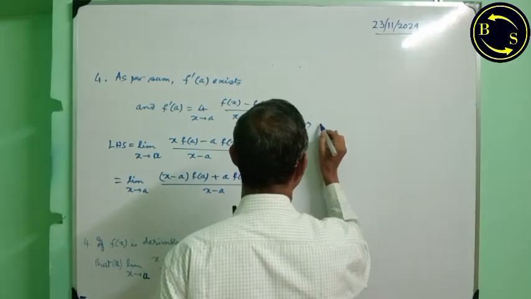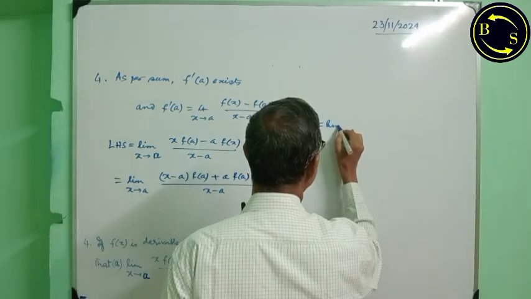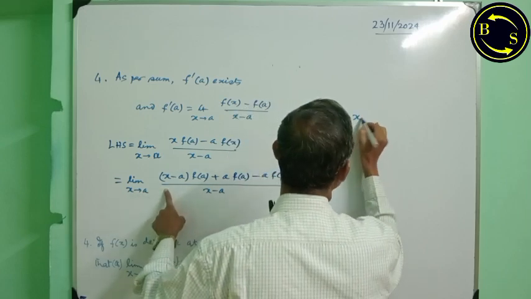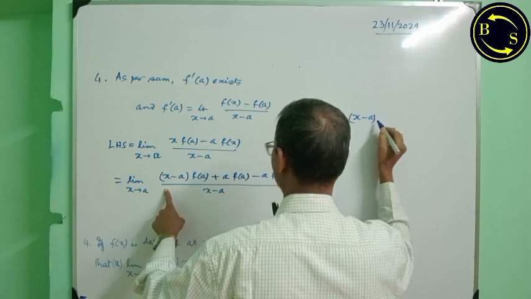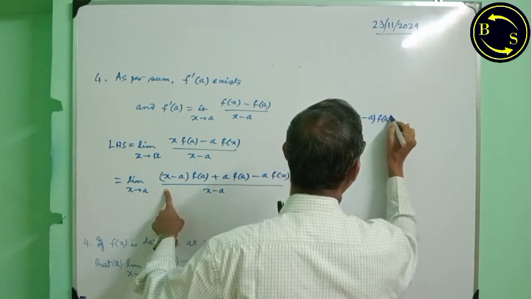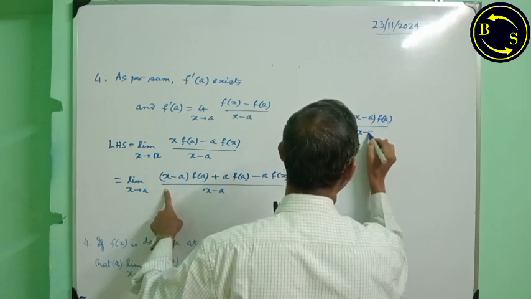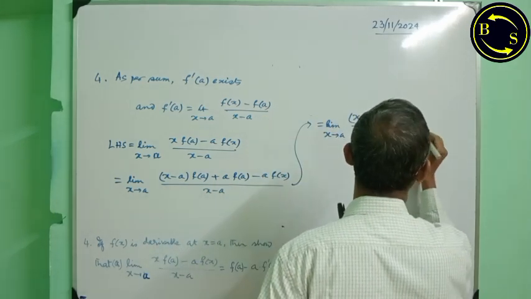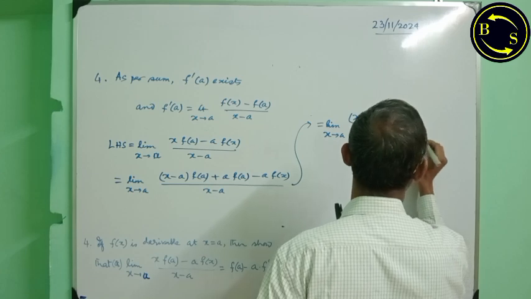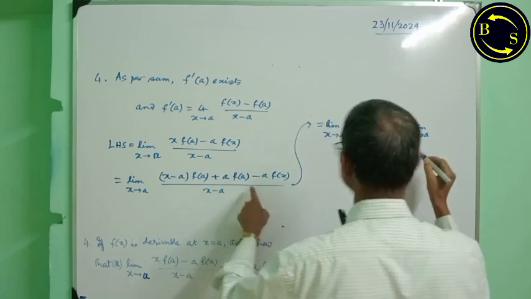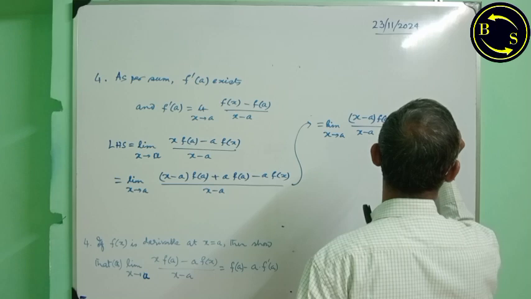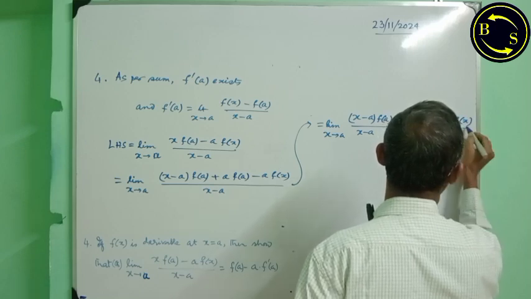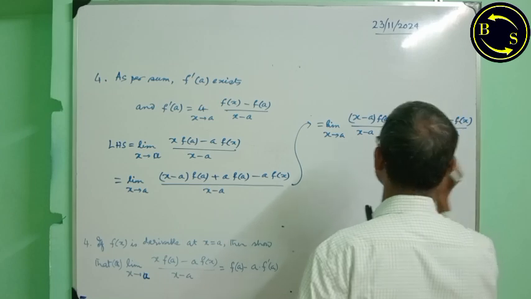Now I write here limit x tends to a, x minus a whole into fa by x minus a, plus here a is common factor, fa minus fx by x minus a.